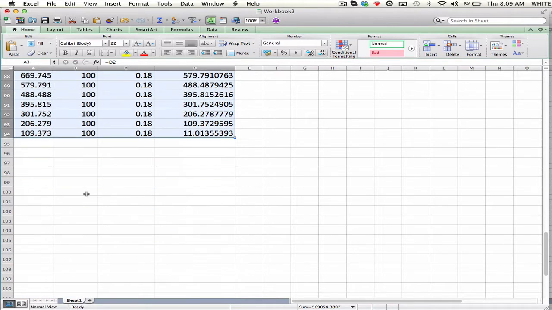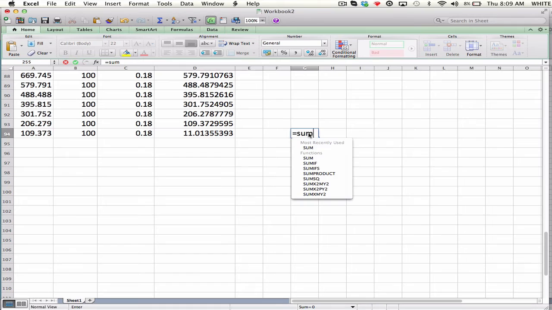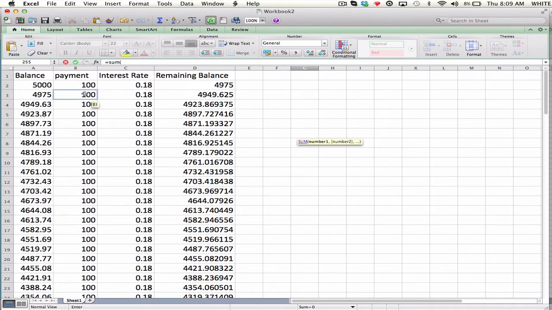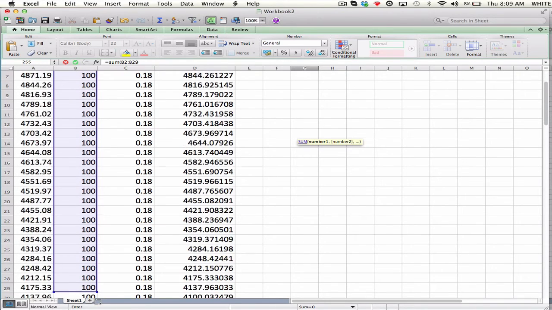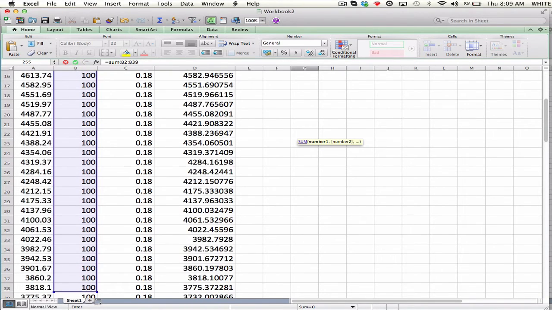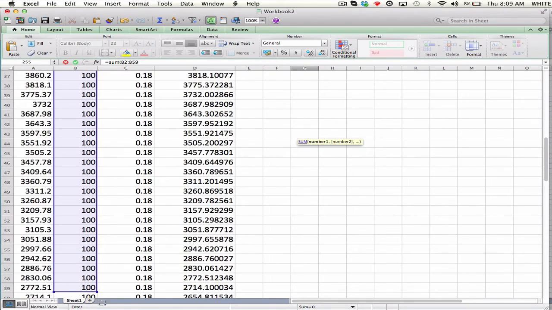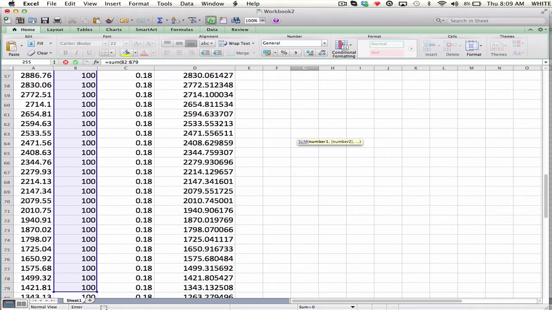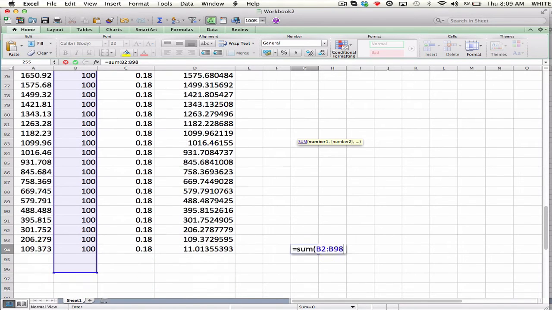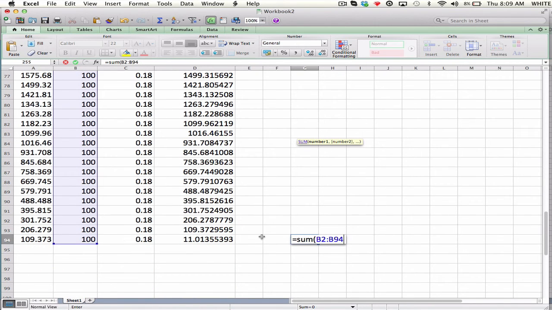So if I want to go, the sum equals sum of, go all the way to the top, how many times did I actually spend $100? Okay, right there, 94. So B2 colon B94 if you wanted to do it the fast way.